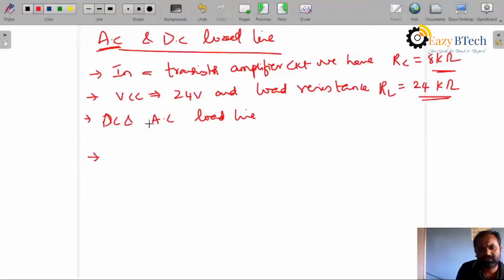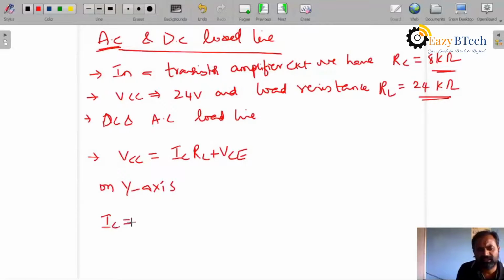First, to draw it, we know VCC is equal to ICRC plus VCE. To get the point on the y-axis, IC is equal to VCC by RC.